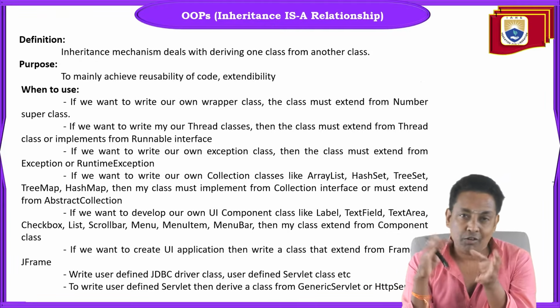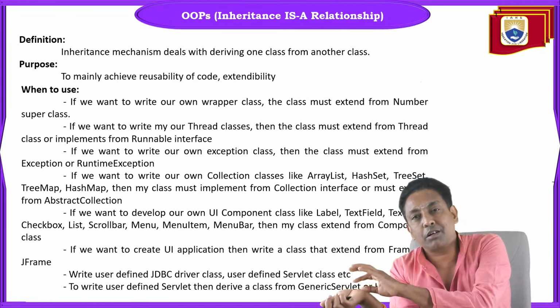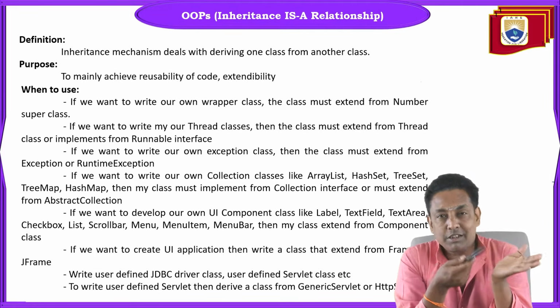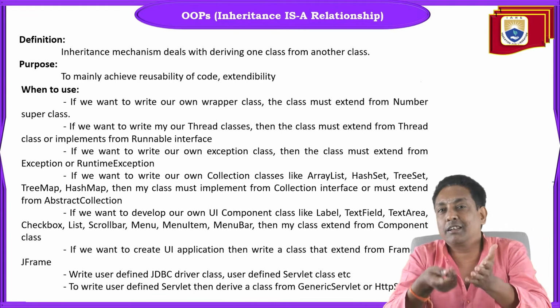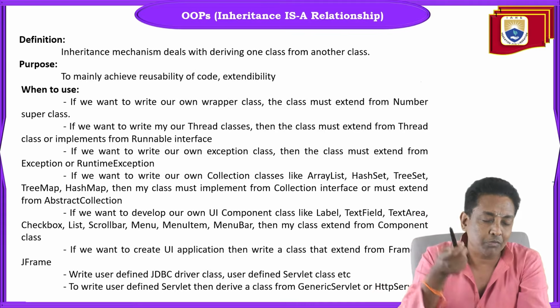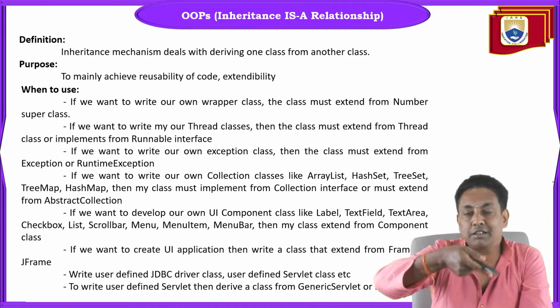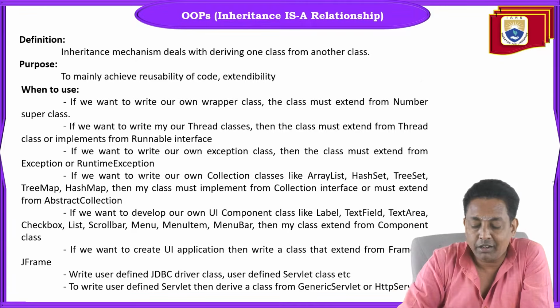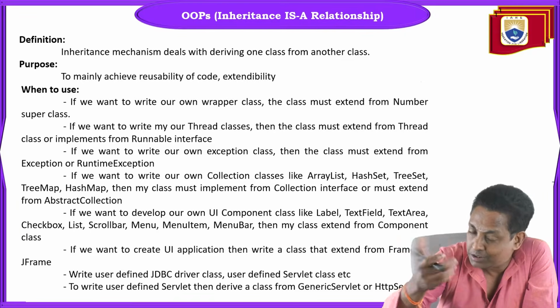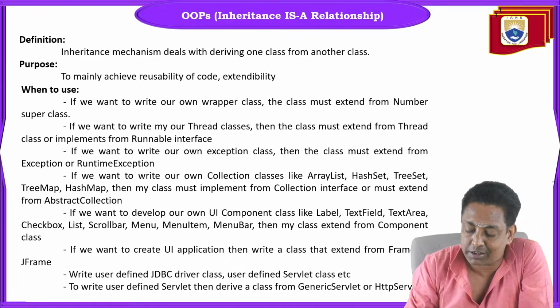So if we want to write our own List, Set, or Map classes, even then we need to derive from those List, Set, Map interfaces or their immediate subclasses, AbstractList, AbstractSet, or AbstractMap. We will mostly extend from AbstractList, AbstractSet, or AbstractMap. So even in collection programming, if we want to write our own user-defined classes, we need to extend from their already existing classes.